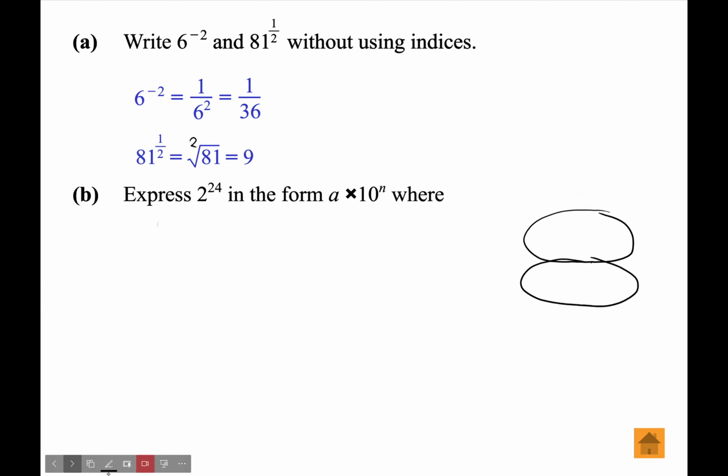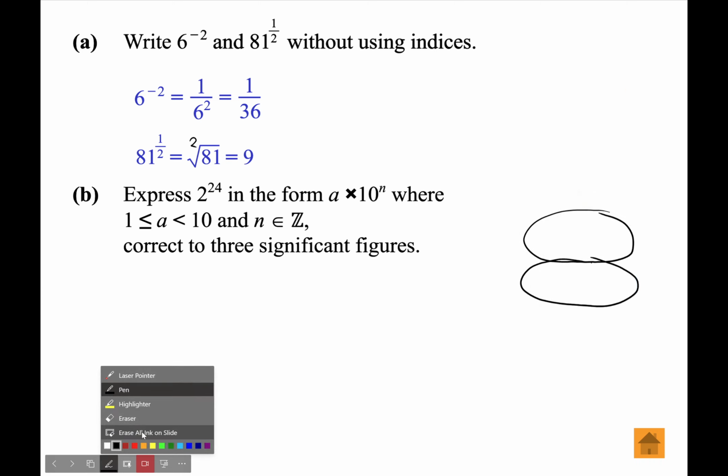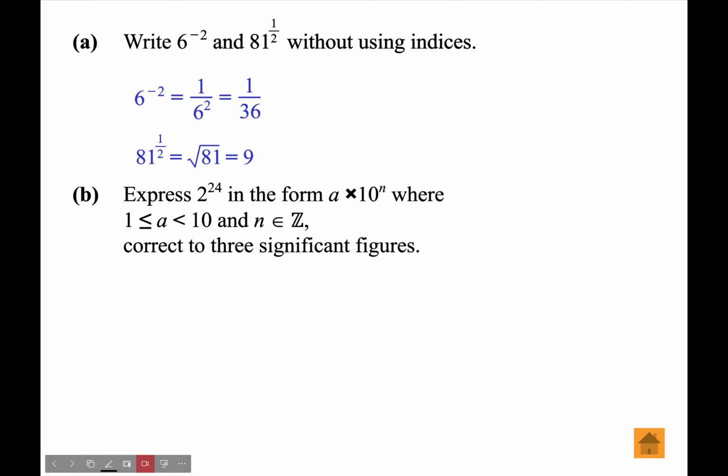If I have to express 2 to the power of 24 in scientific notation or standard form, well, I then have to get it to 3 significant figures. But if I start off with 2 to the power of 24, and that's going to be equal to 16,777,216.